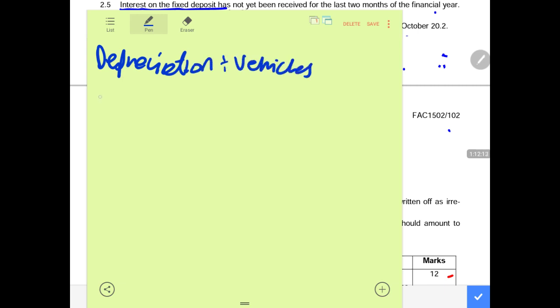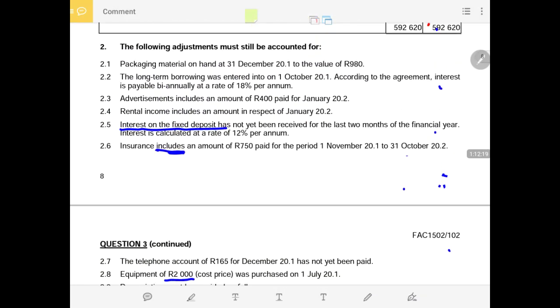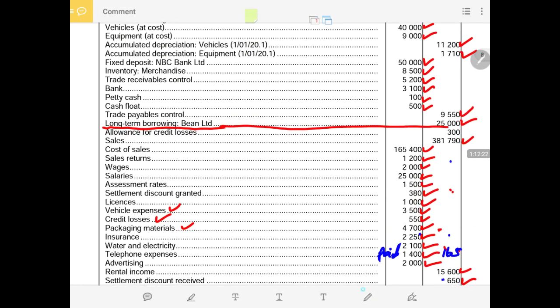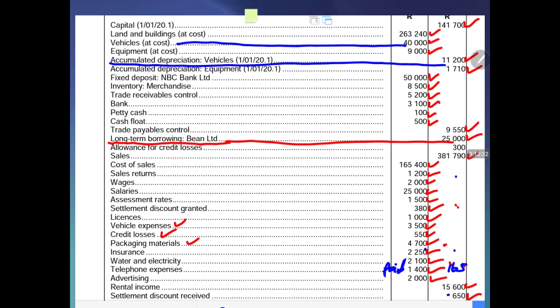On vehicles, we need to look at the cost of the vehicles. The cost of the vehicles amounts to 40,000. Accumulated depreciation on vehicles is 11,200.